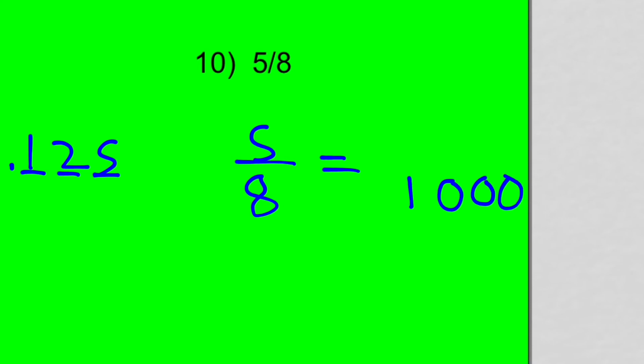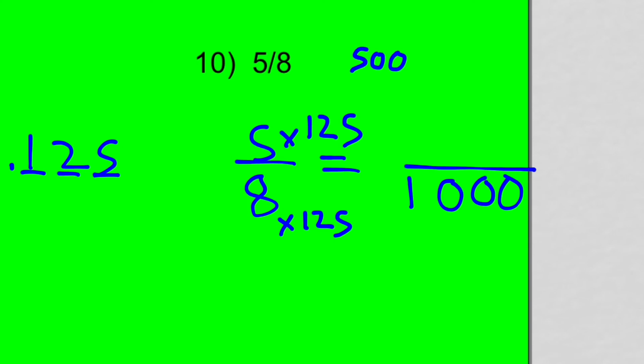And the last question, 5 over 8. Well, we can make that out of 1,000 by times by 125 times by 125. Okay, 5 times 100 is 500. 5 times 20 is 100. 5 times 5 is 25.